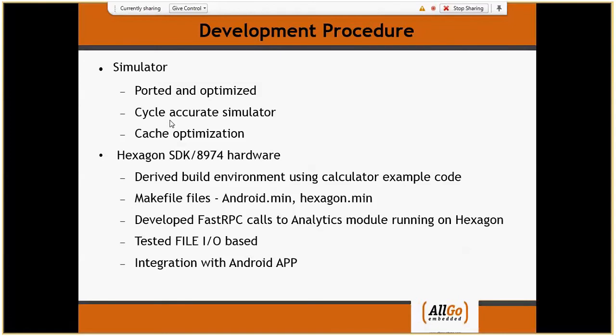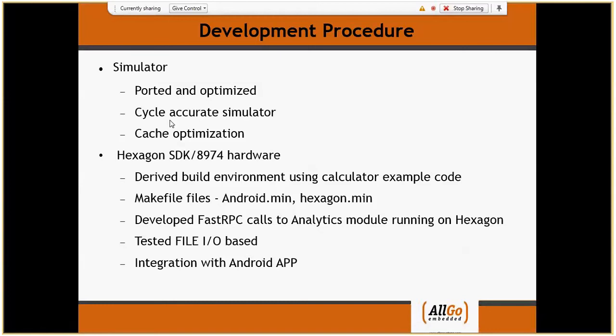Later we moved our solution onto the Hexagon SDK, and we tested our code on 8974 hardware. We derived the calculator example code which comes with the Hexagon SDK, which gives the basic skeleton for our algorithm development. Then we took the android.bin and hexagon.bin make files, two different make files, and modified them in order to include our algorithm files.